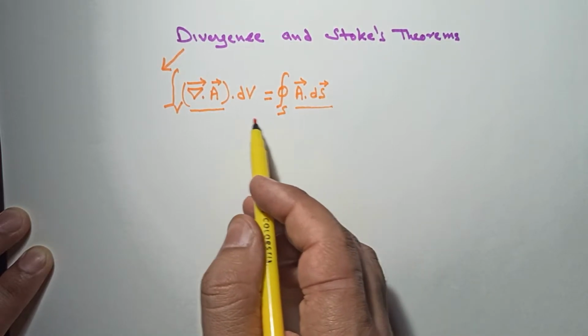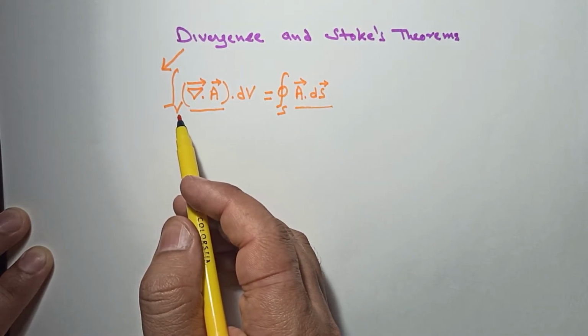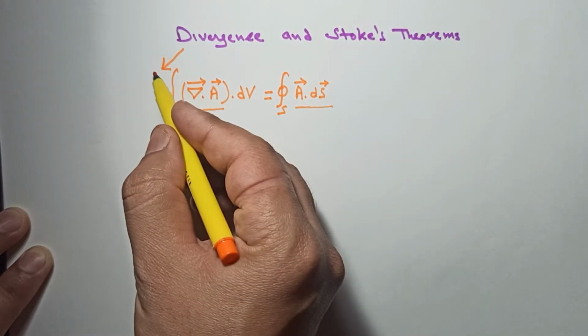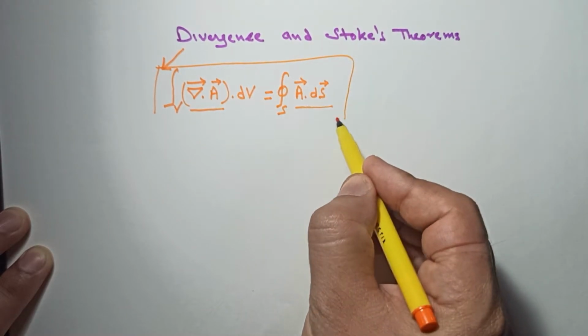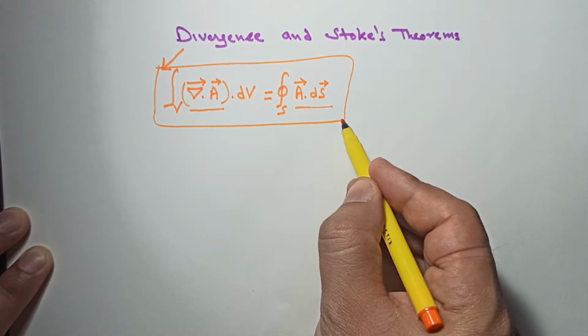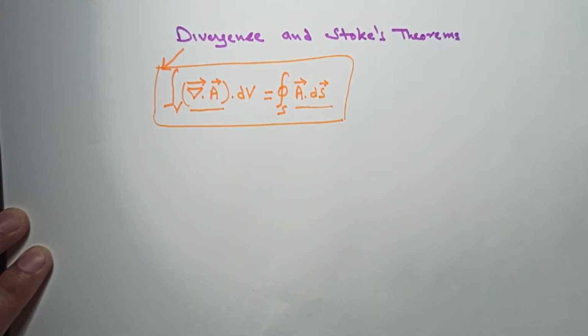Okay, so this surface will bound that volume. This is the meaning of the divergence theorem. Another theorem used in electromagnetics is Stokes theorem.